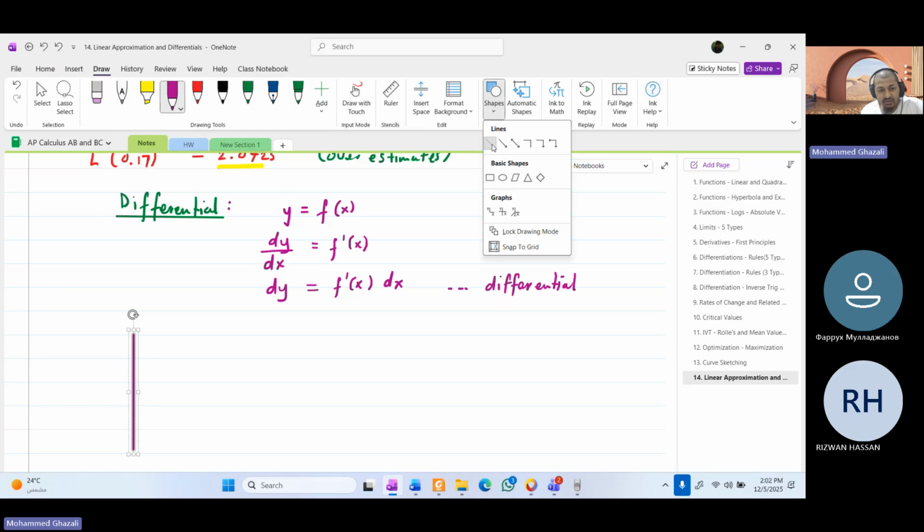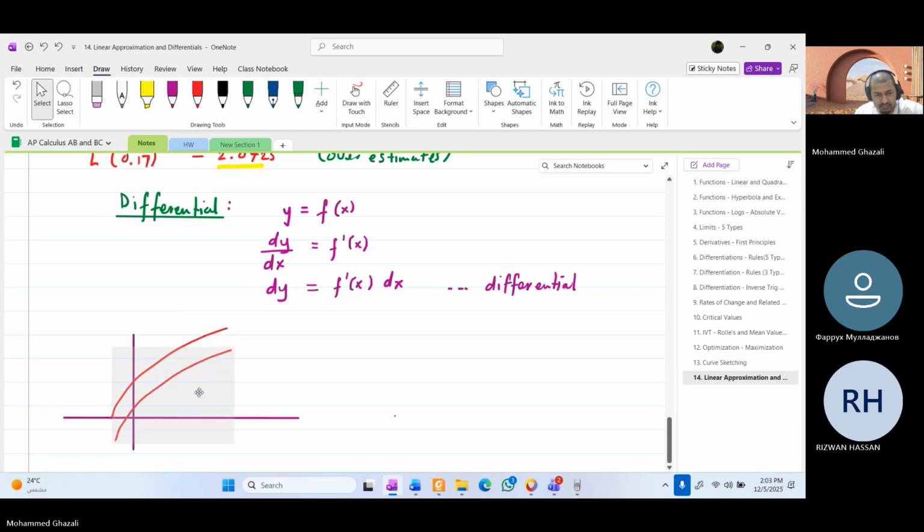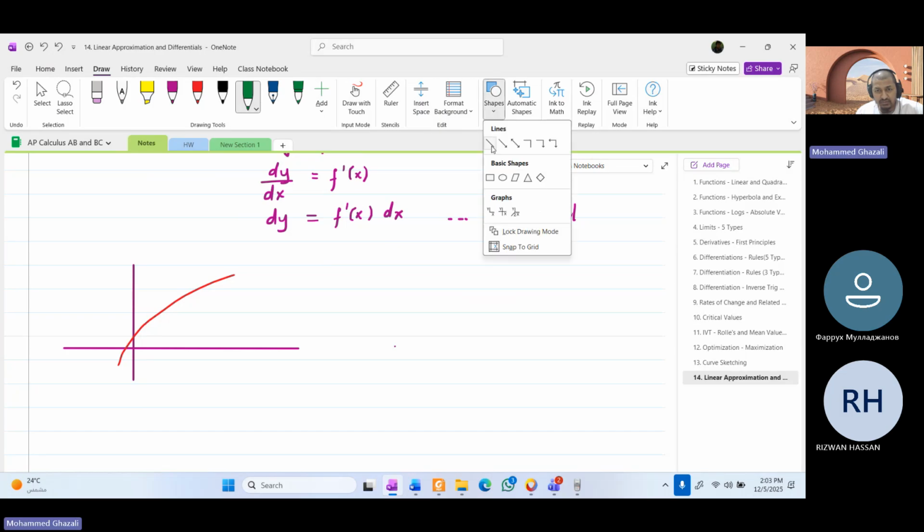So assume I have some function, any type of function, like that. Right, and I'm going to draw a tangent line. Let me just scope this function a bit. I'm going to draw a tangent to this function.